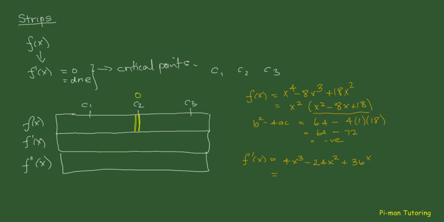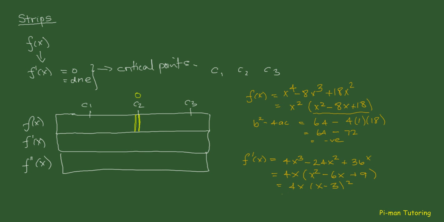And now we can pull out a common factor of 4x from this, leaving us with x squared minus 6x, 6 times 4 is 24, plus 9. And if we continue factoring, we'll get 4x into x minus 3 squared.